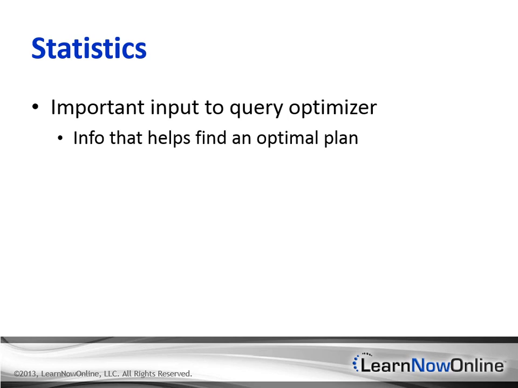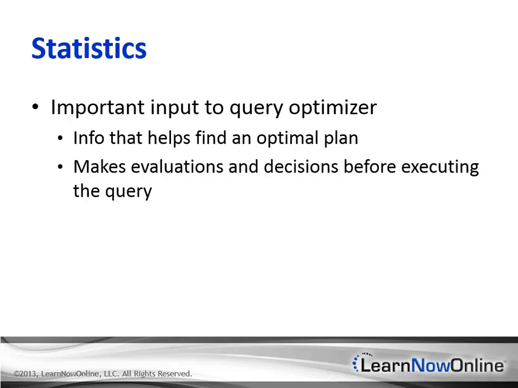Or, more like, one way is better than the other dozens of ways to perform that step. The optimizer has to make these kinds of evaluations and decisions in advance of executing the query, so it makes use of the statistics that SQL Server has gathered on tables.